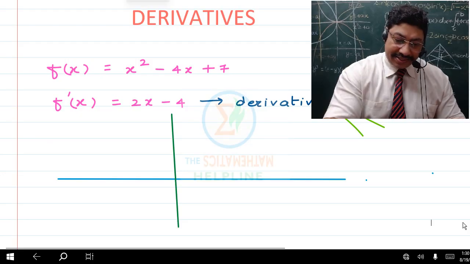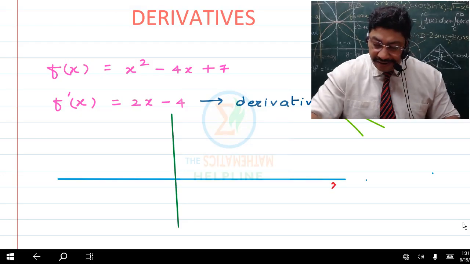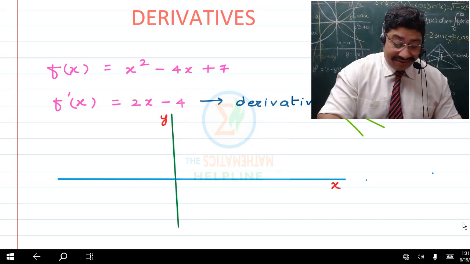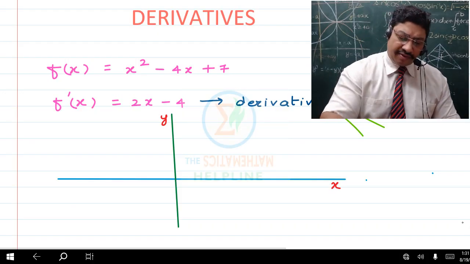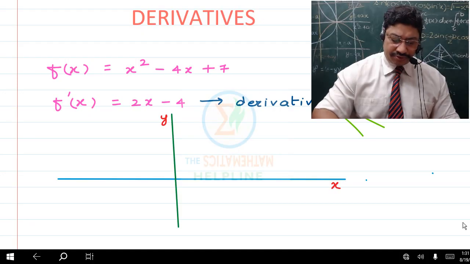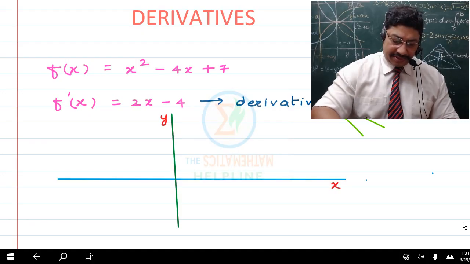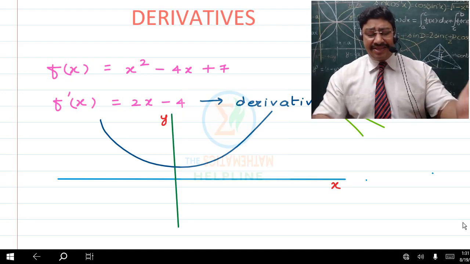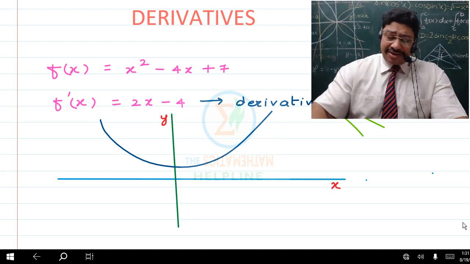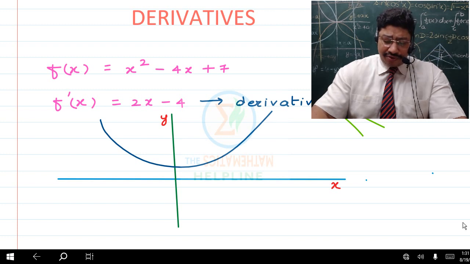Now we can have the graph of the function. And let's say if we talk about the graph of the function, it comes out to be something like this. I'm not going to go into the nitty-gritty of all of this. It might be plotted at a different point, but let's say we talk about a vertically upward graph, right?